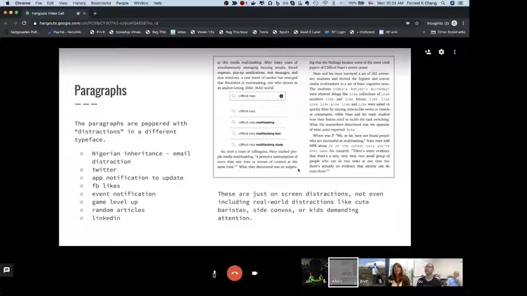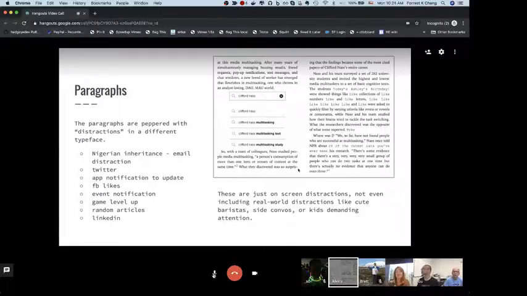All right. So the author used an interesting technique by sprinkling in examples of distractions in a different font. It took me actually a couple minutes to get what was going on. Like I thought my ebook was having some kind of typography error, but yeah, it was intentional.